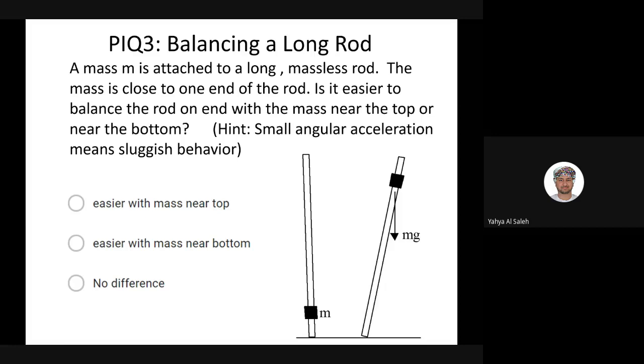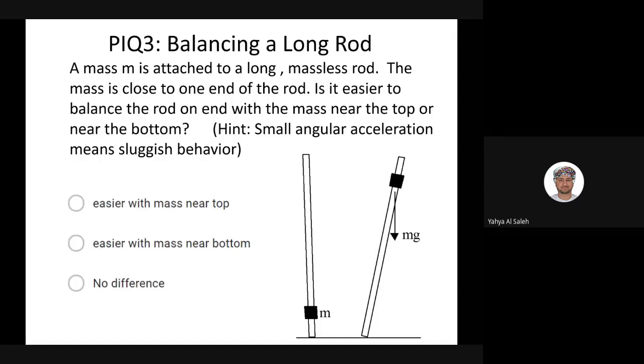Easier with the mass at the top, easier with the mass at the bottom, or there's no difference? Either way, it's really easy or really difficult to balance. It's not obvious, so take your time to think about it.